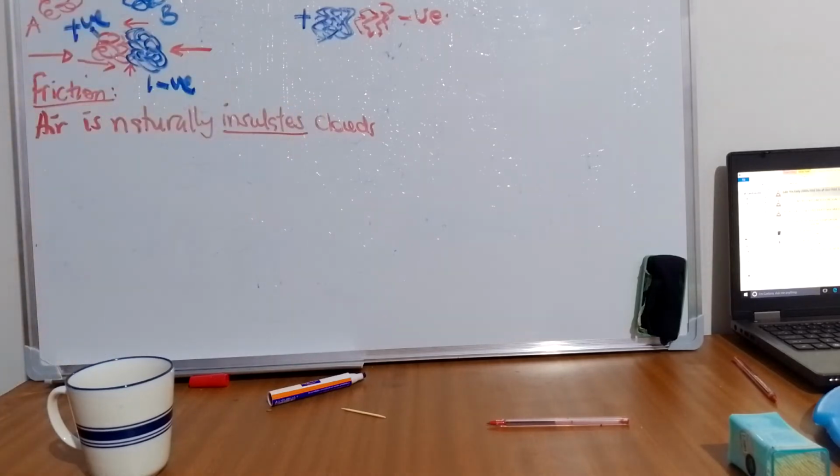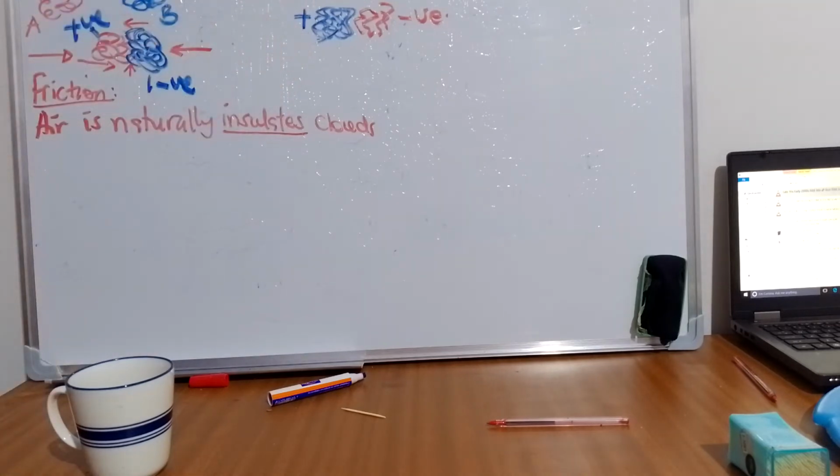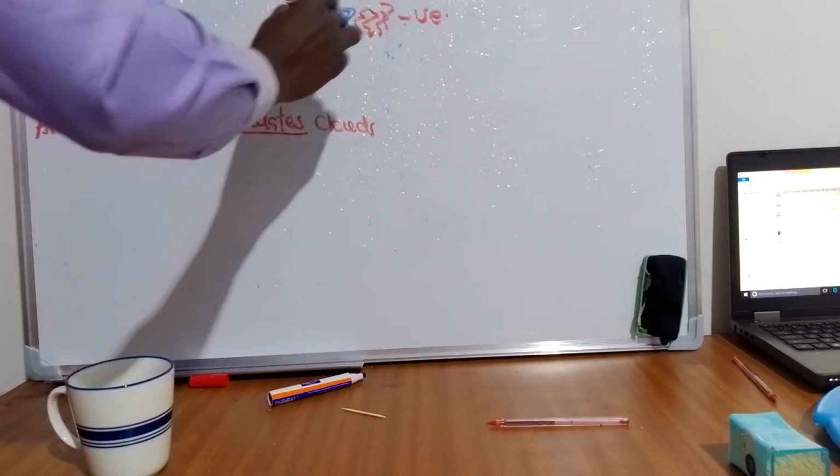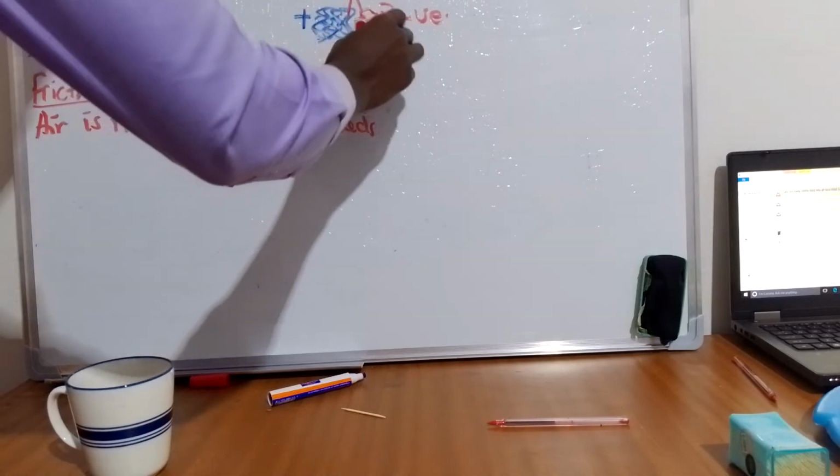At a given time, the charge is high enough to resist the insulation of air between these two clouds. And because this one is positively charged and this one is negatively charged, when they meet, a spark has happened. There is a spark.